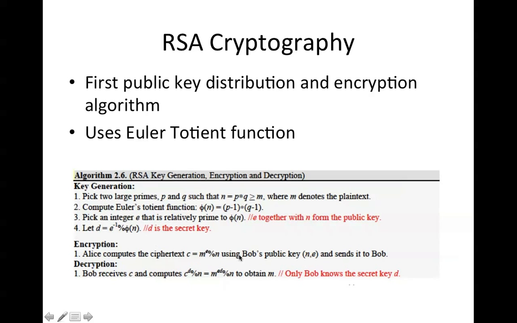So N and E are what Bob publishes as his own key. Alice takes N and E, takes her message, computes this, and something very similar to what Alice does is what Bob does.